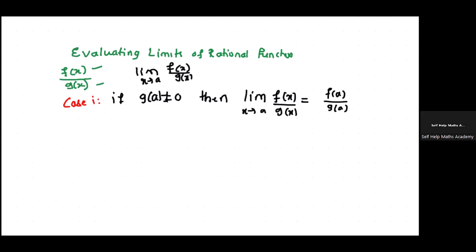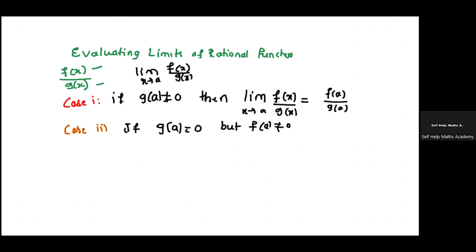It's very simple. Then in case 2, g of a is 0 after substituting x equal to a, so the denominator is 0, but the numerator is not equal to 0.